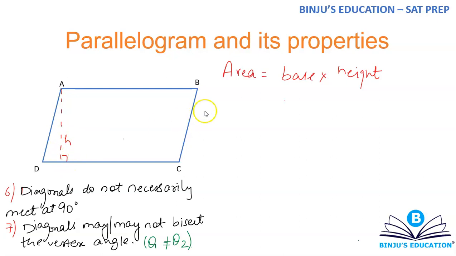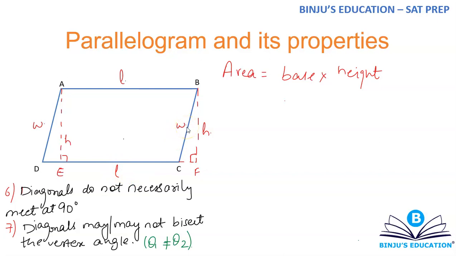So this is going to be your height. Now let's call AD the width W, and let's call AB the length. So this is also length and this is also W.